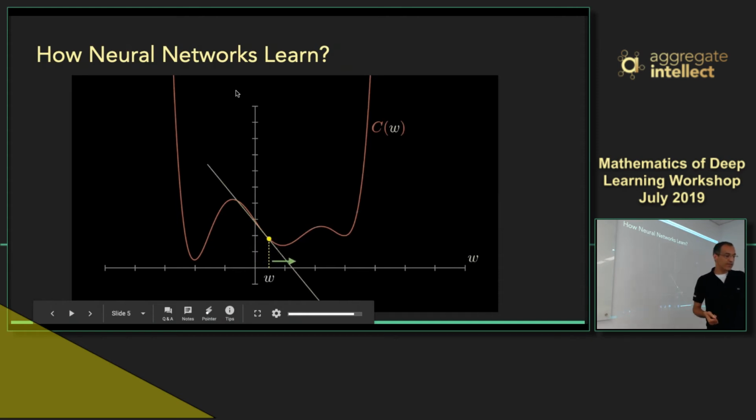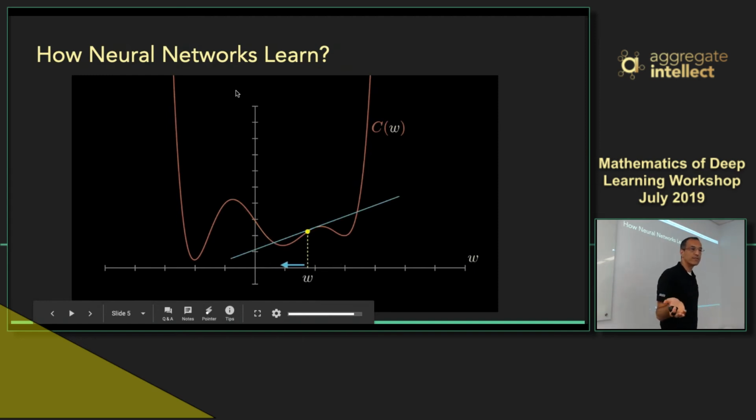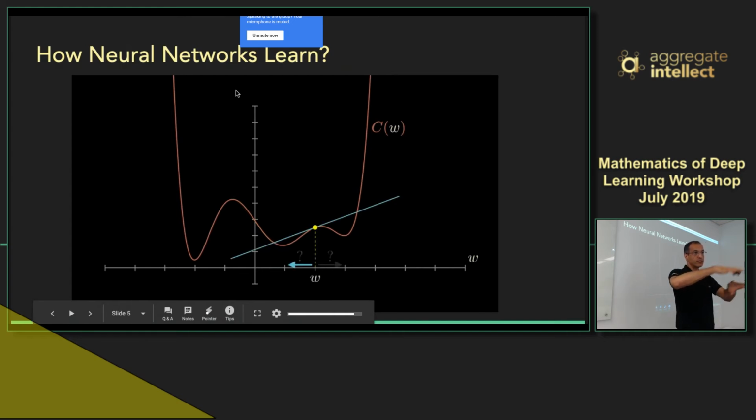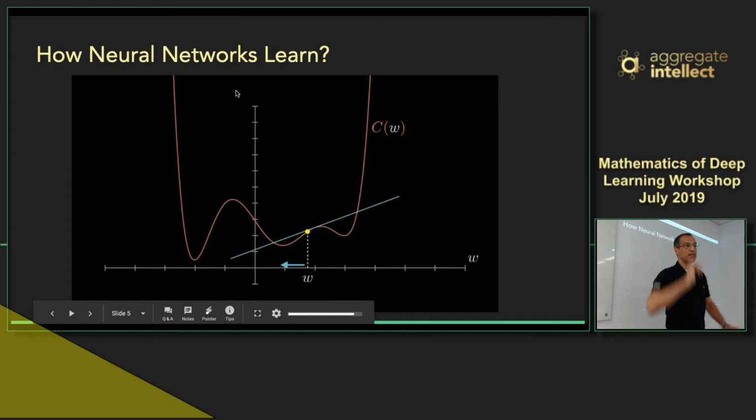For example, in the convolutional neural network, we saw that the parameters we are using are the values of weights in all those convolution layers that we need to learn.